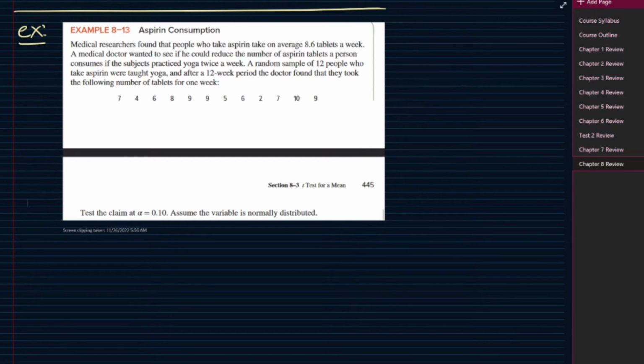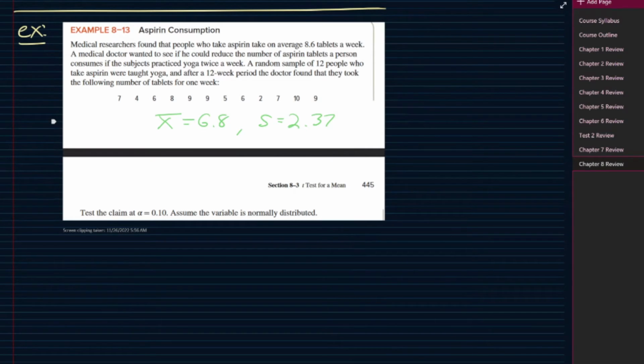And there's the data. And it's asking, test the claim at a significance level of 0.1, assume the variable is normally distributed. To save us the time of calculating this x bar, I'm just going to let us know x bar is 6.8. Also, the standard deviation, to save this calculation, is 2.37.